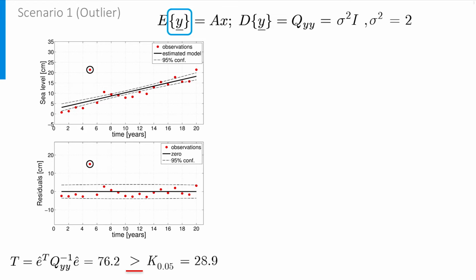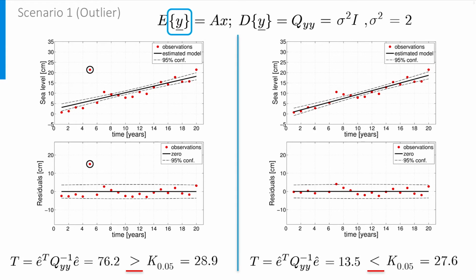A closer look at the residuals clearly indicates that we have an outlier. Let's remove the outlier and apply the estimation again. Here are the results with the new test statistic. Note that the threshold is also different since we have removed one observation, so the degrees of freedom has changed and is 17 in this case, resulting in a different threshold.